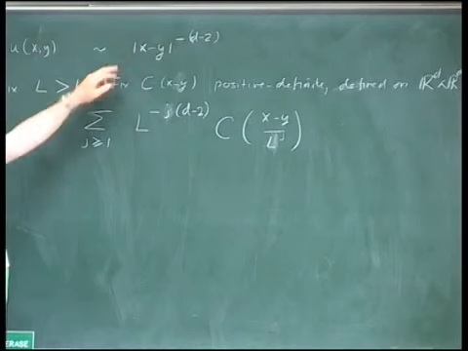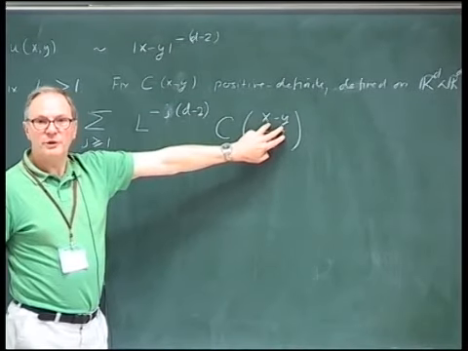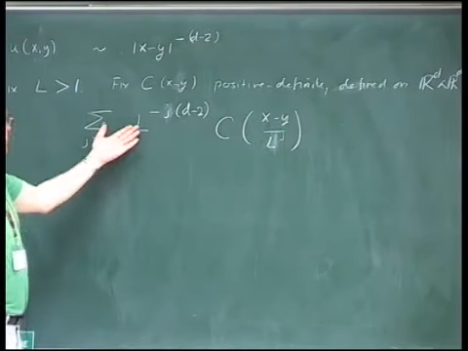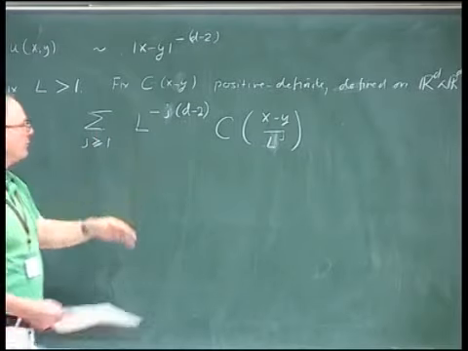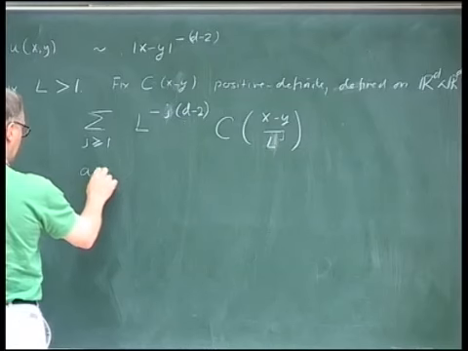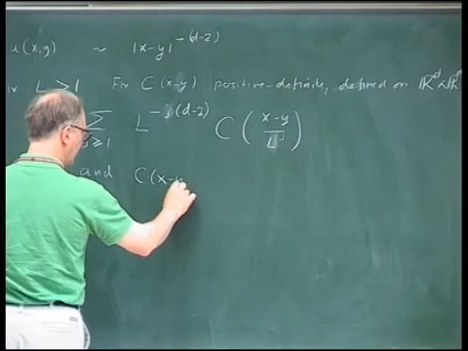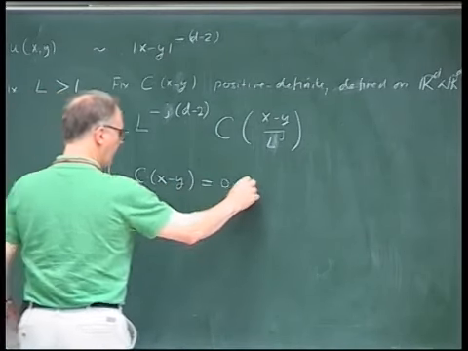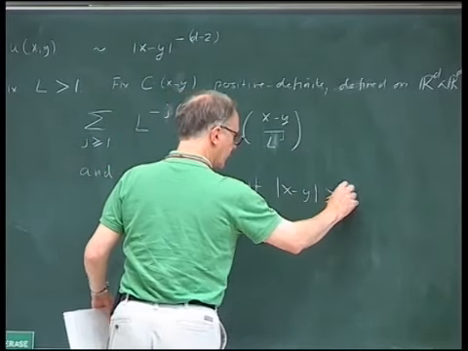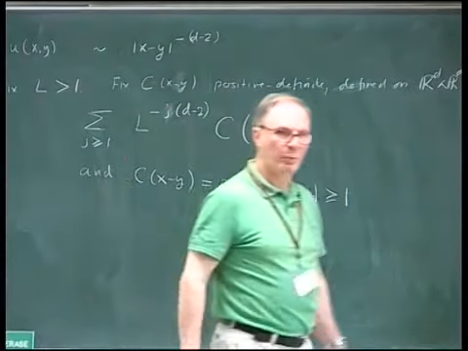Roughly speaking, the reason is that if you take x and y here to be, let's say, L to the 20 apart, then the first 20 terms in this sum can't contribute. Oh, I've forgotten to say something. I'm going to add on something else. And this is stronger than you need, but let's say C(x minus y) equals 0 if |x minus y| is greater than 1. This makes it easier. Let's take it compactly supported.